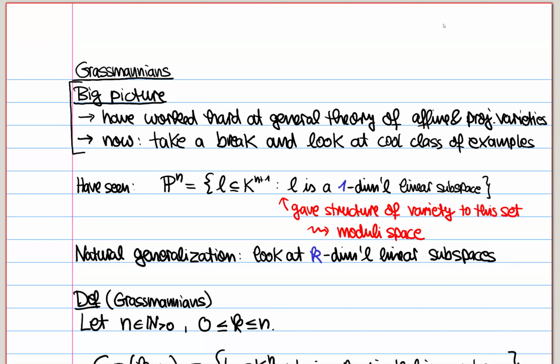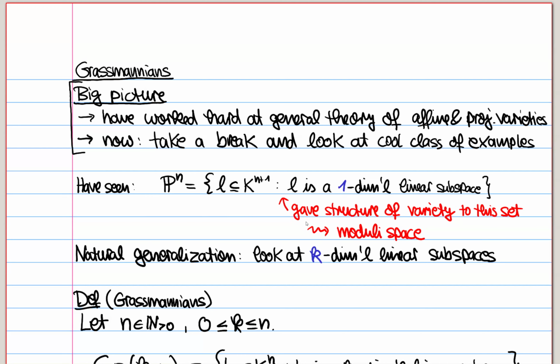To motivate them, note that we had projective space P^n, and when we discussed it, we started by defining it as the set of L inside K^(n+1), where L is a one-dimensional linear subspace. And we worked on giving this the structure of a variety.